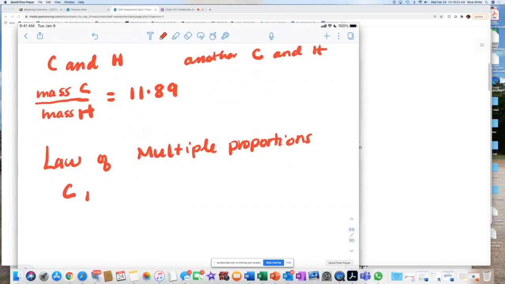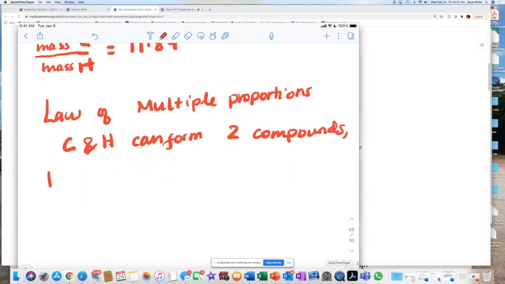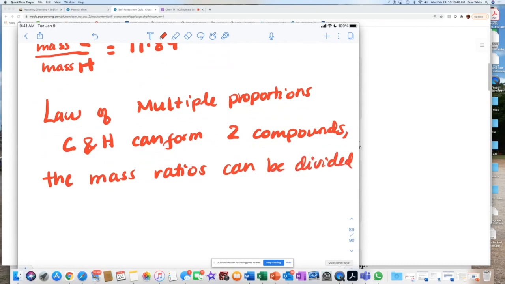If carbon and hydrogen can form more than one compound, in this context two compounds, the mass ratios can be divided to form a whole number.